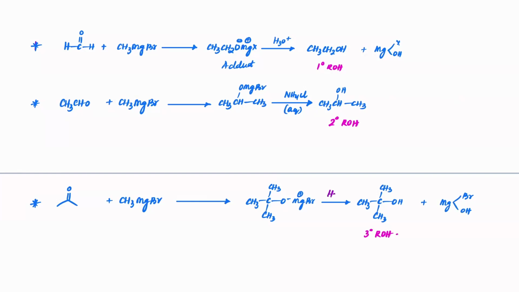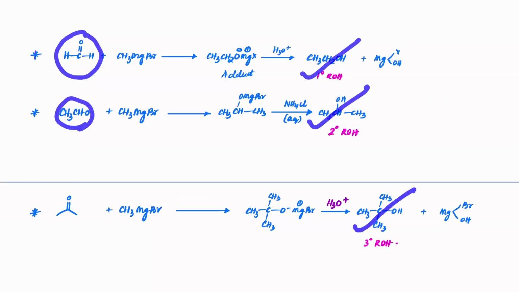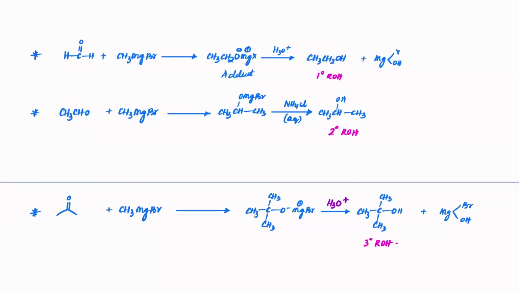So here let me write down H3O plus. If you want to generate 1 degree alcohol, you can use formaldehyde. 2 degree alcohol, acetaldehyde. 3 degree alcohol, you can use ketones. So ketones usually will give this reaction.